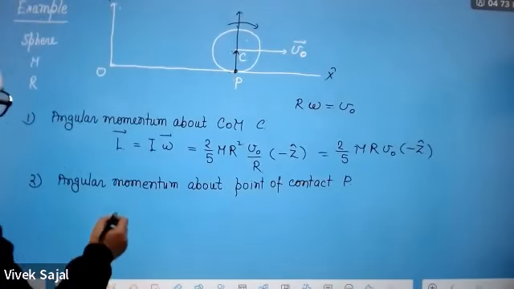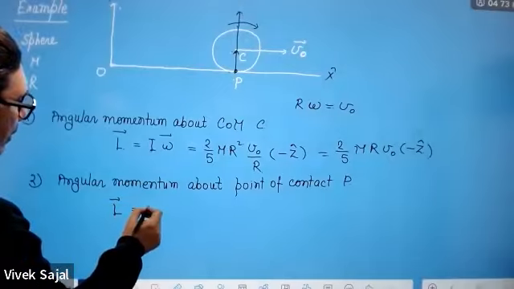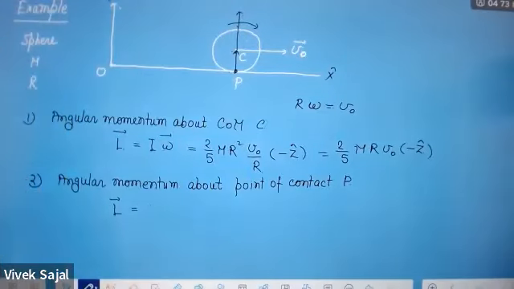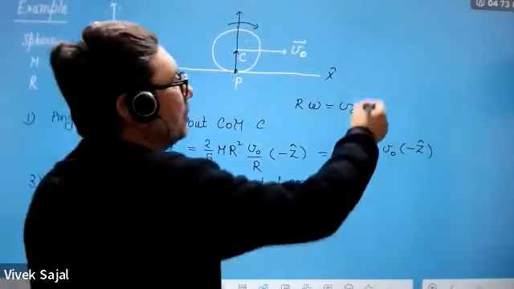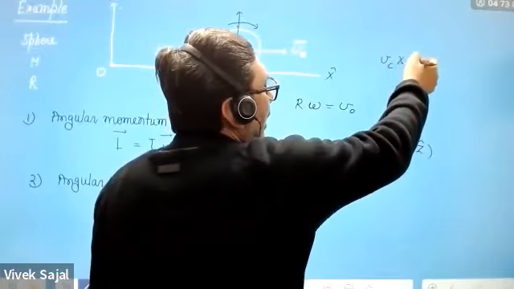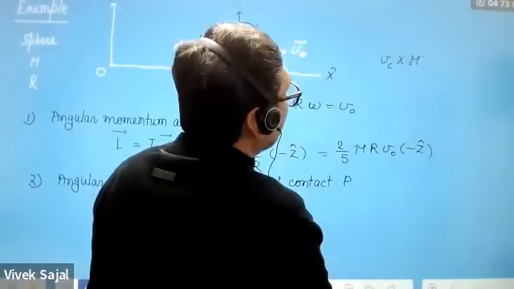So first, what will be the L vector here? It is in this direction, so you can draw it here. This is first. What is the first term? You remember, it is RC cross M VC. This is RC, sorry.